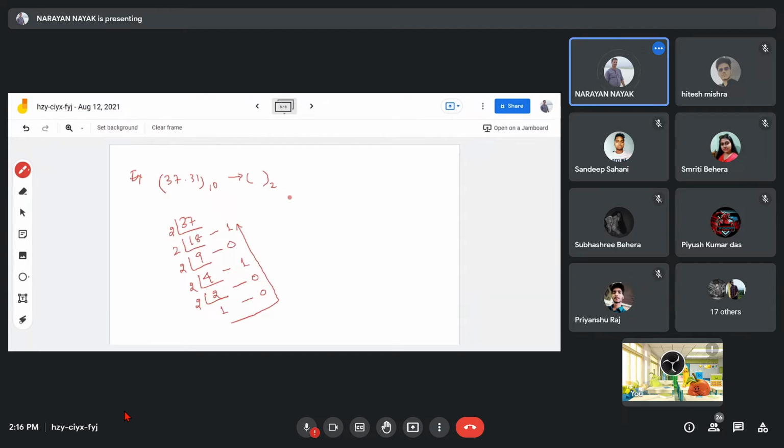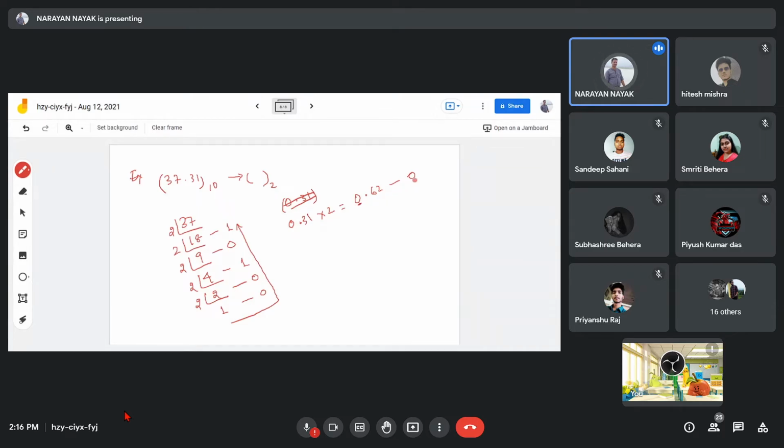Similarly, for 0.31, this you have to do. So 0.31 you have to multiply by 2. For the decimal point, if there is a fraction, then you have to multiply by 2. So 0.62. The recorded digit is 0 here.